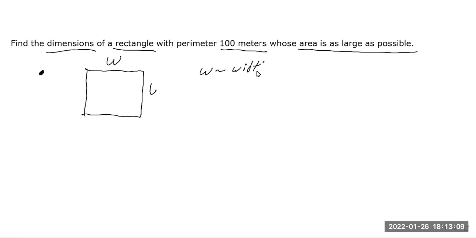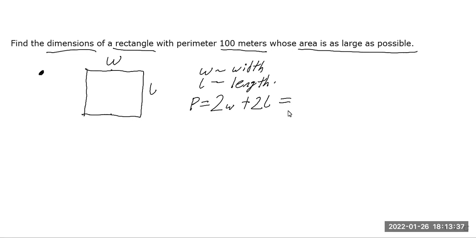And we know that associated with it, we have a width and we have a length. We also know that we have a perimeter to this rectangle. Specifically, I've got this side length from the width up here and the width down here. Well, that's 2W. And then I also have this length here, I get a 2L.